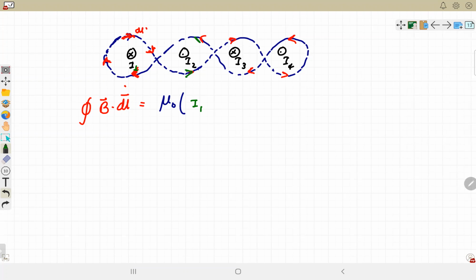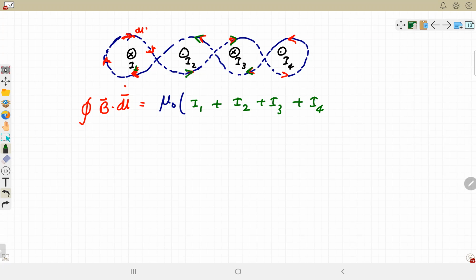Second case, it becomes anti-clockwise. For anti-clockwise, out of the plane current is taken positive. So I2 will be taken positive. For the third one, clockwise, into the plane is taken positive, and the fourth one is anti-clockwise.